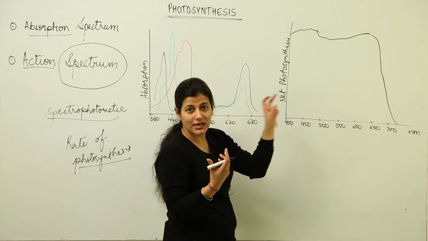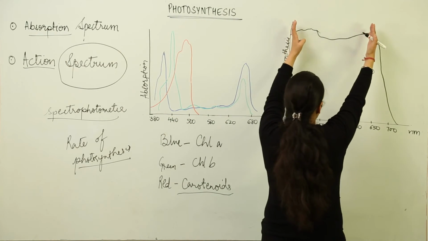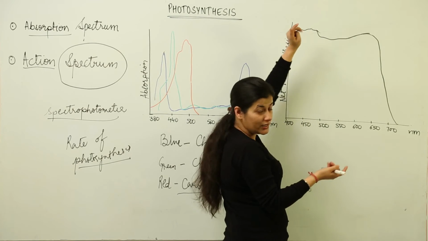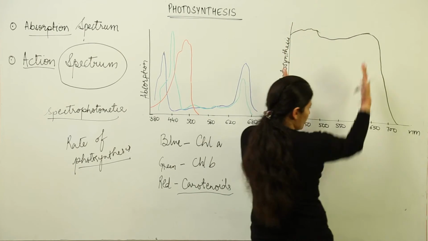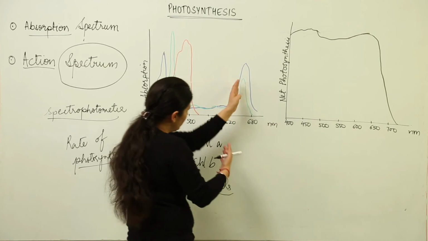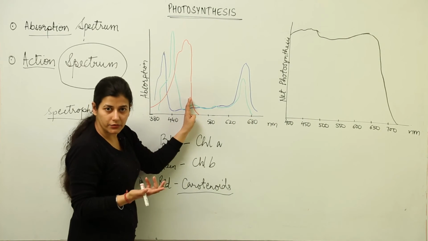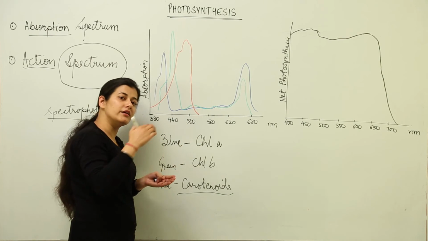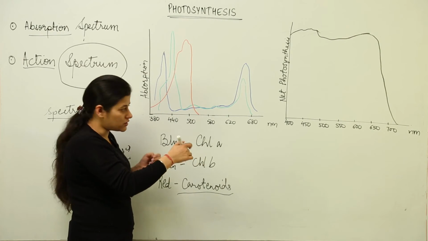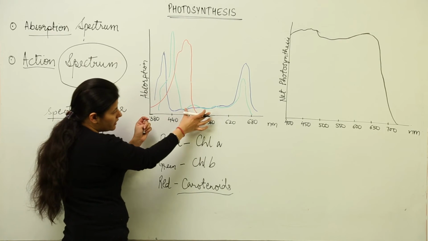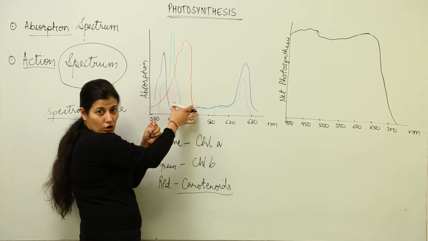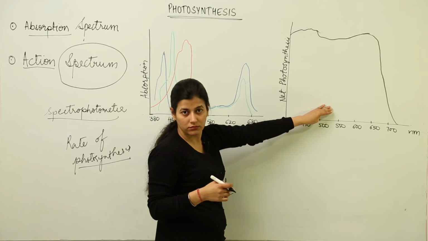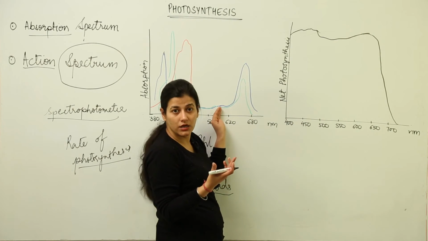Now, what is the reason that this region of the graph does not decline corresponding to this? We talked about how it is ultimately the photosynthetic pigments that take up the energy and are responsible for photosynthesis. Over here we see that the least energy is absorbed in this zone, but the photosynthesis is not declining the way it has in the absorption spectrum.